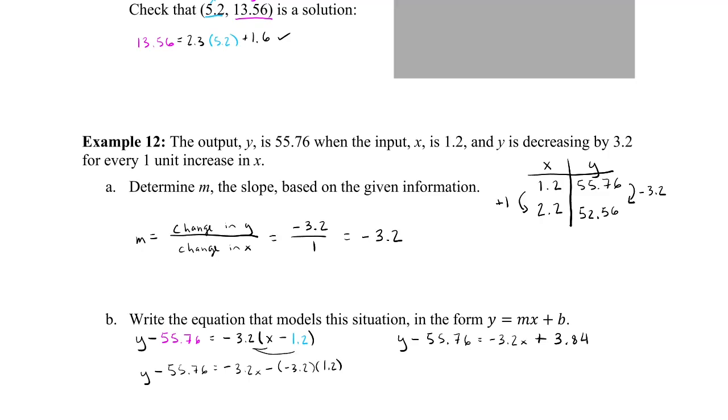Okay, last step. We're going to add 55.76 on both sides to get y by itself. And we'll have y equals negative 3.2x plus 59.6. And this is our equation.